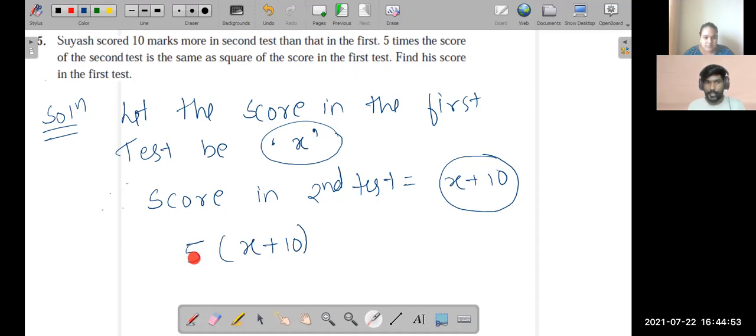So 5 times the score of the second test is equal to the square of the score in the first test. In the first test, whatever score he got, take the square of it. So what will this be equal to?